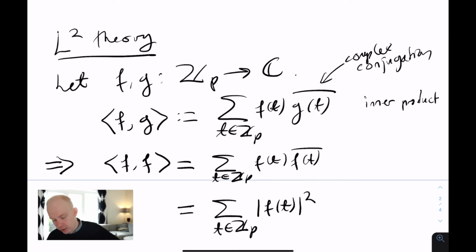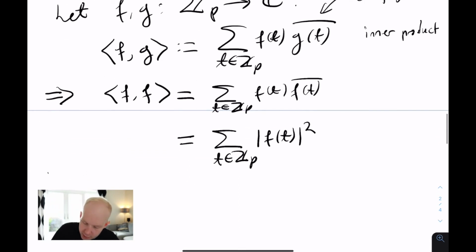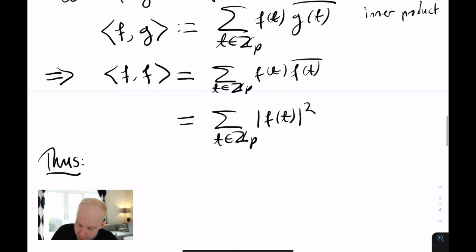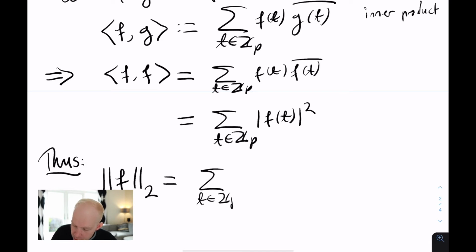Thus, if you remember the definition of the L2 norm of a function, by definition this was the sum over t in Z_p of |f(t)| squared, and then you raise it to the power half.